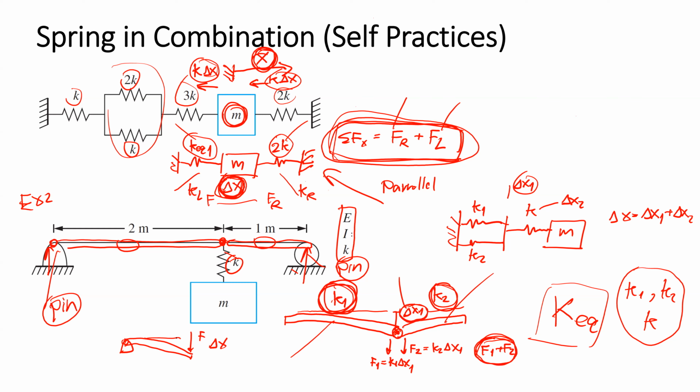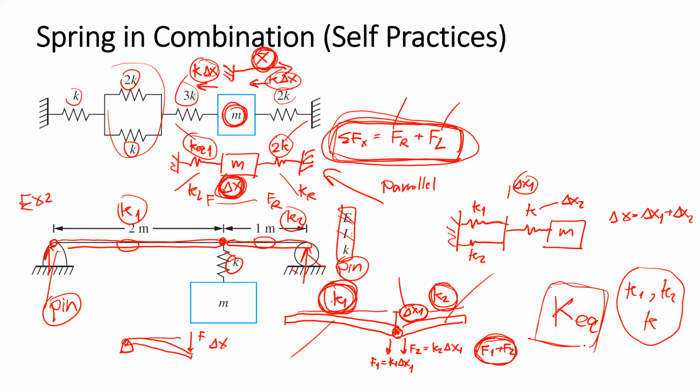So if I give you K1 here and K2 here, and you don't need to think about E and I, just K1 and K2 for both sides, you try to obtain the equivalent stiffness.